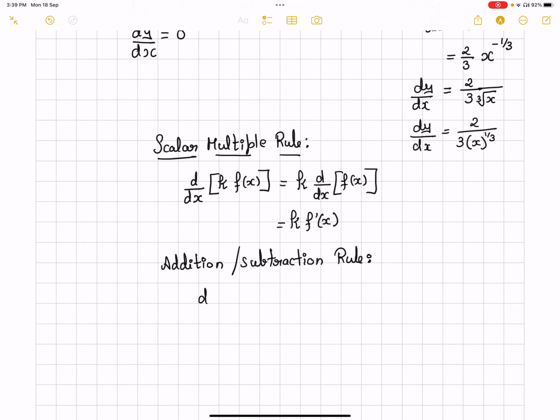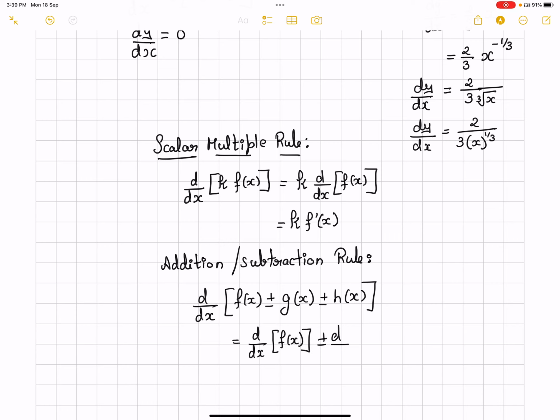Here we have d by dx of two functions being added or subtracted: f of x plus or minus g of x, and if you want, you can add one more like h of x. In general, we can have as many terms. Whenever we have something like this, d by dx operates on each and every term separately: d by dx of f of x, plus or minus d by dx of g of x, plus or minus d by dx of h of x.